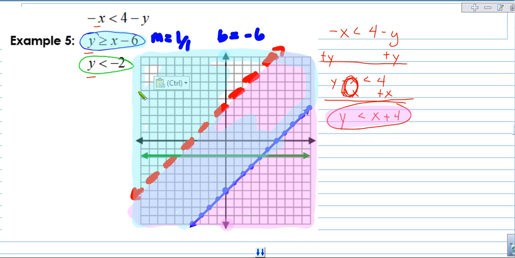So now you'll see that my solution is going to be between these two lines. But it's not everything between the two lines, because we have this third guy right here. It wants the y's to be the reference as well, but it wants the y's at the bottom. So now I follow this all the way across, and then I shade here.